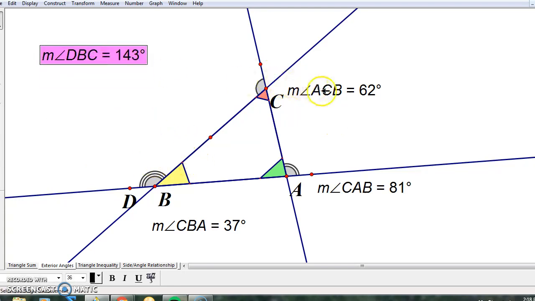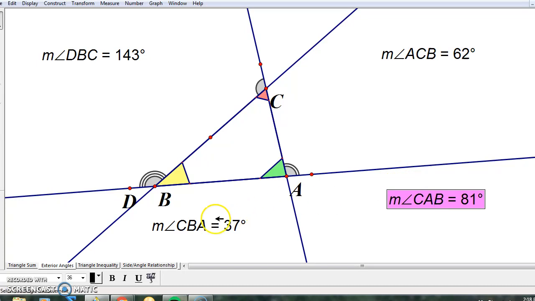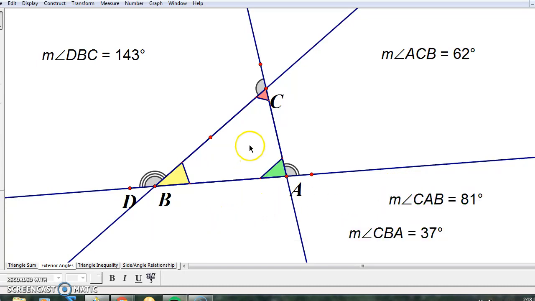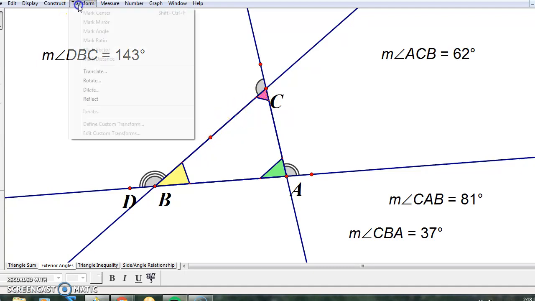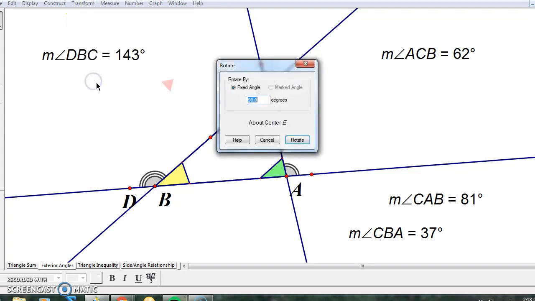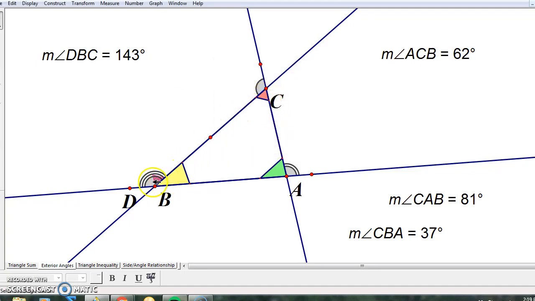Now, I also want to demonstrate it a different way. If I take this angle and I rotate it 180 degrees, let's go transform, rotate. Let's see, I'll go 80 degrees, no, 180. Oops. And that would go down here.